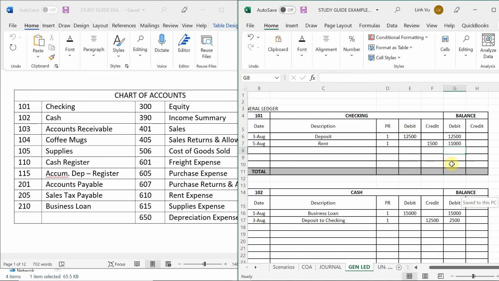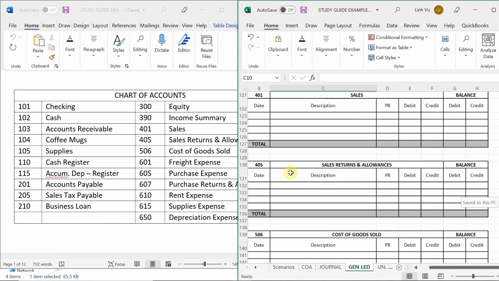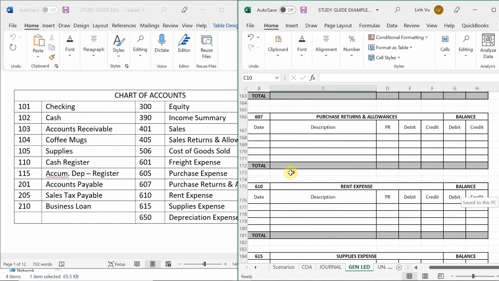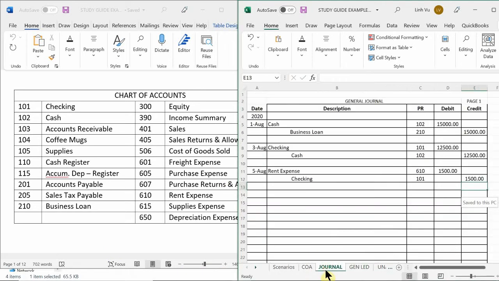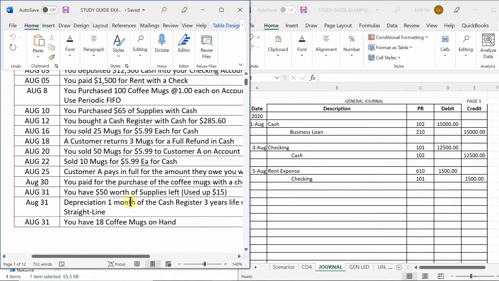Okay. And then you paid rent expense. There you go. 610 rent expense. August rent for $1,500. Okay. So then let's see what happened next.